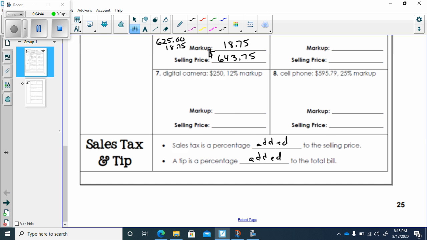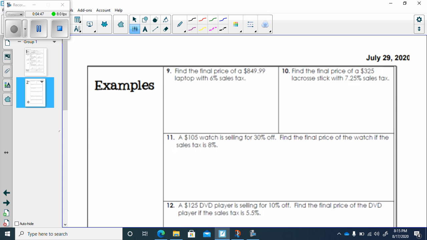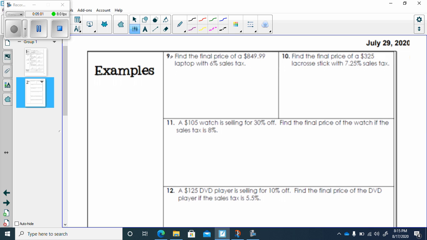Let's do a couple of these. Find the final price. So let's do 11, or let's find the final price of an $849.99 laptop with 6% sales tax. So we need 6% of $849.99, right?